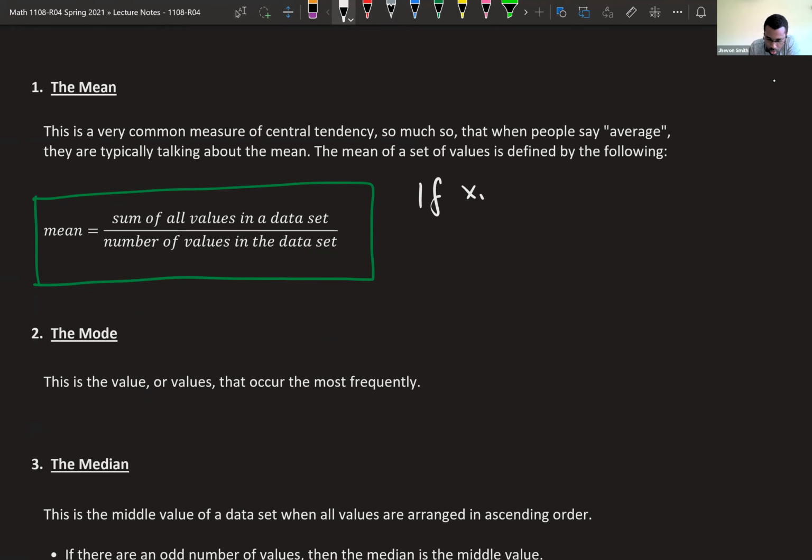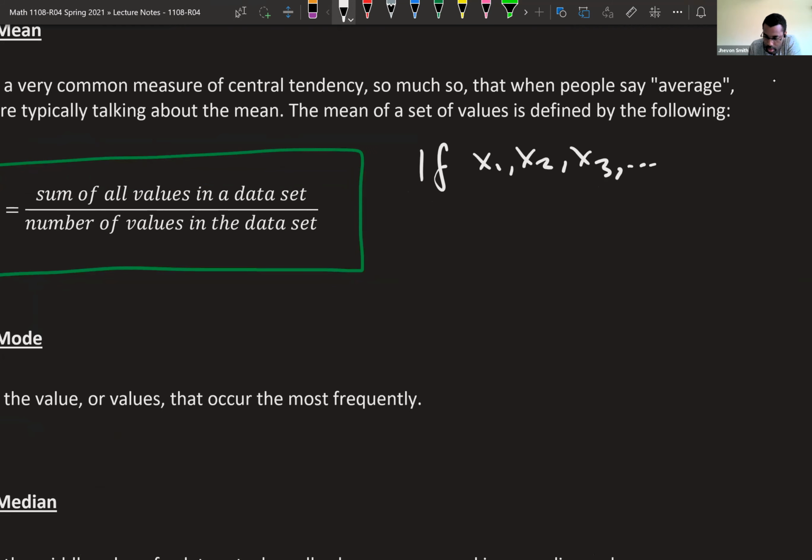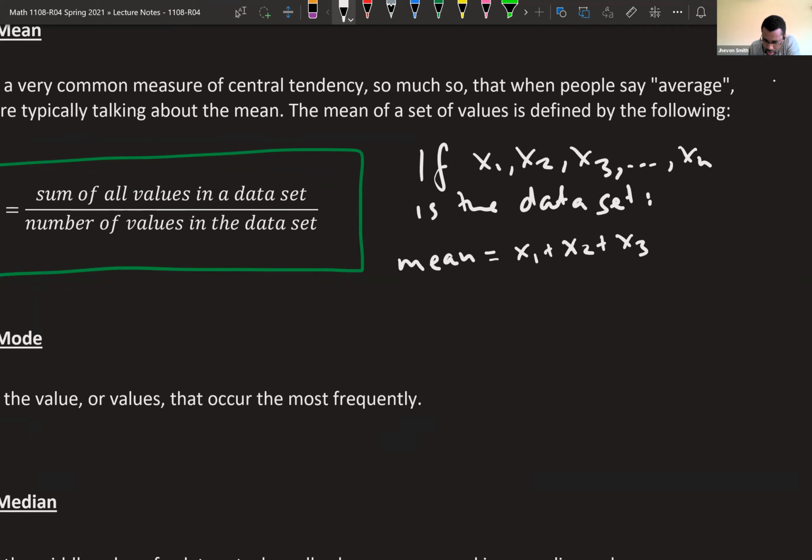If x1, x2, x3, dot, dot, dot, xn is the data set, then the mean is equal to x1 plus x2 plus x3 plus xn all over n.